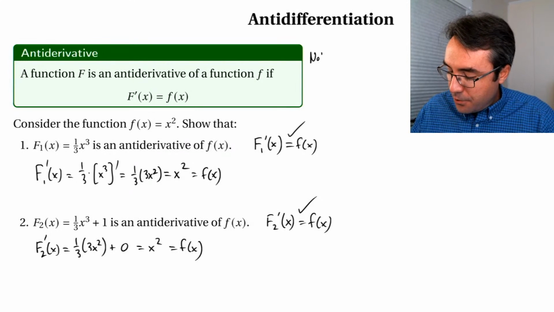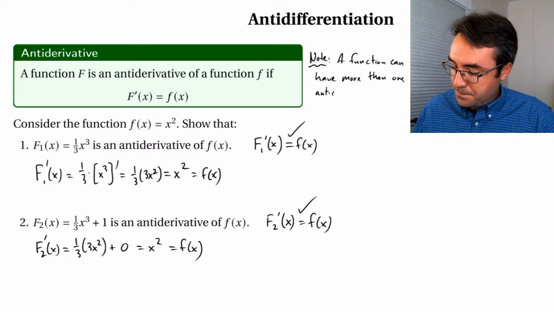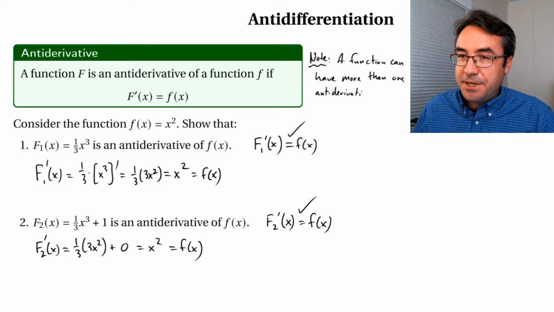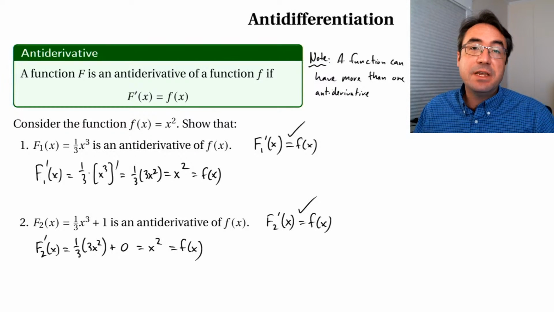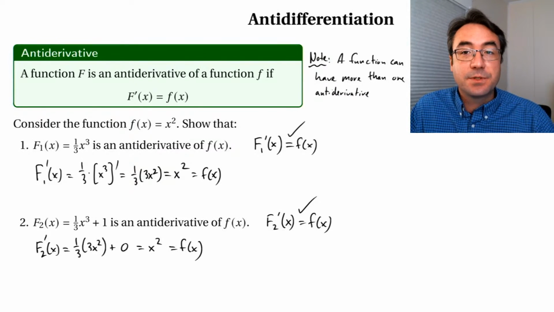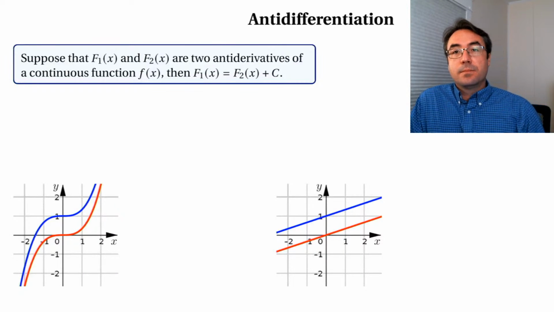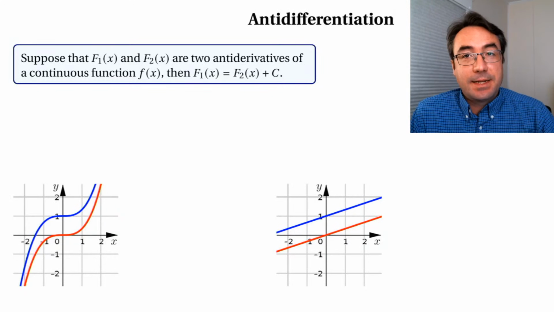And so we're just going to make note of this. A function can have more than one antiderivative. And as we're going to see, it actually has an infinite number of distinct antiderivatives, but they all differ by a constant.